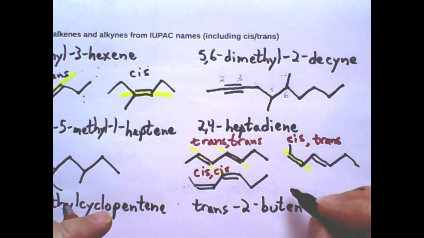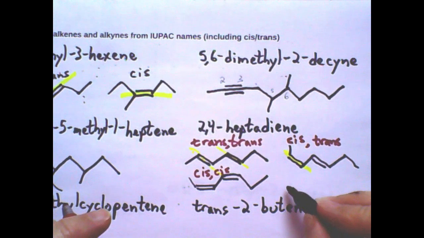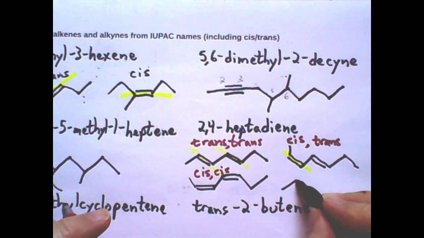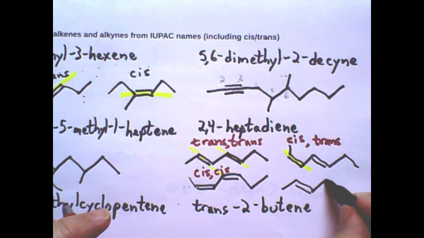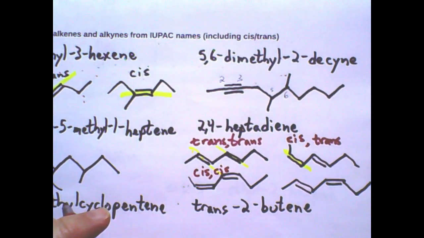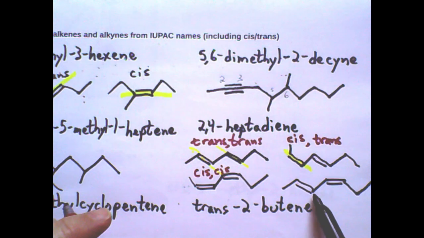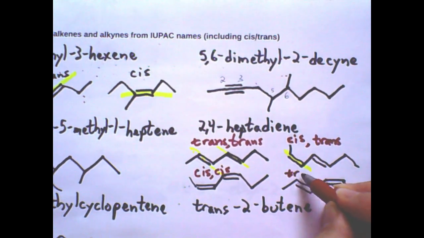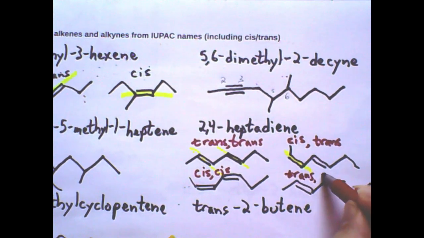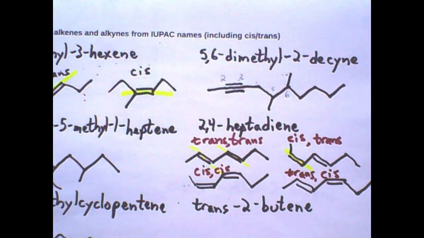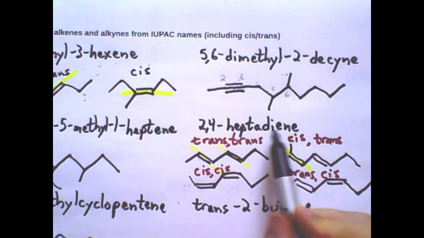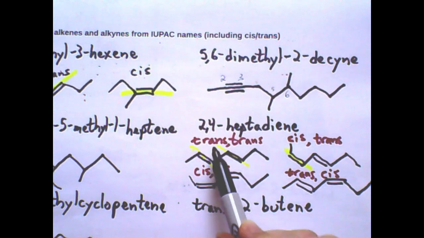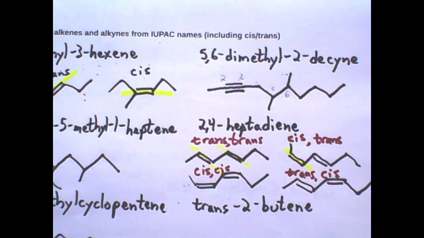And here I could swap these 2 and do trans and then cis. Let's see, 1, 2, 3, 4, 5, 6, 7. And this time I have trans, comma, cis. So this name is ambiguous until we include the stereochemistry.